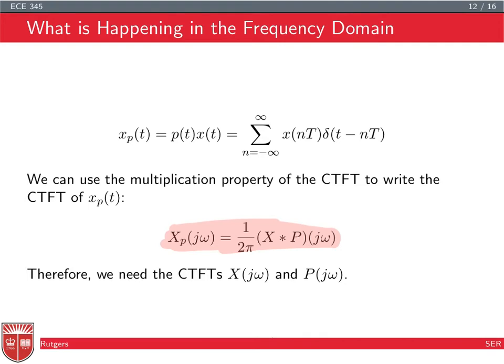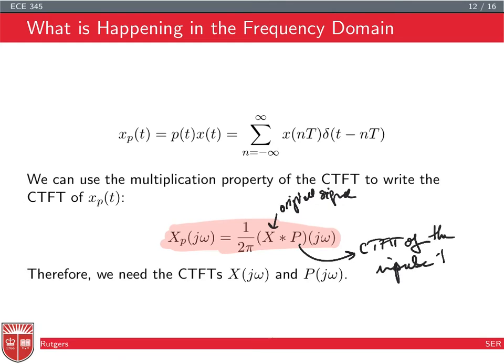So if you're confused, this is the original signal that I'm interested in, and this is the CTFT of the impulse train. So we need both of these spectrums.